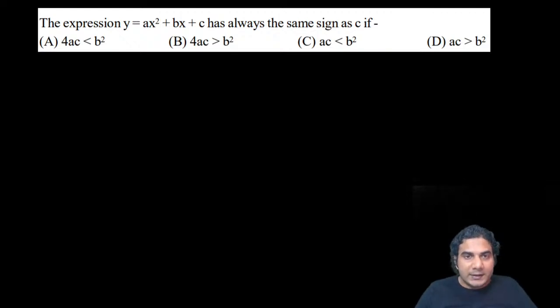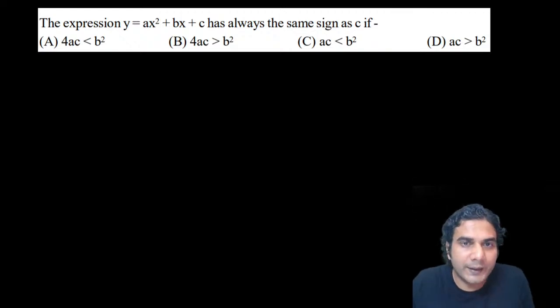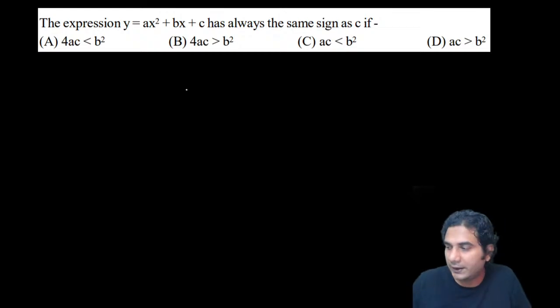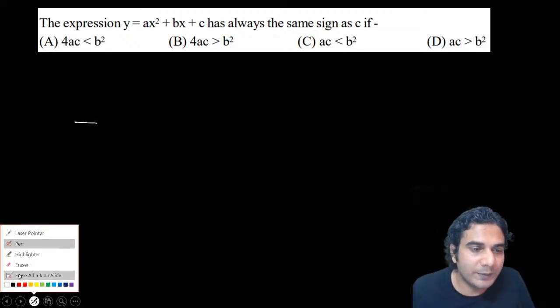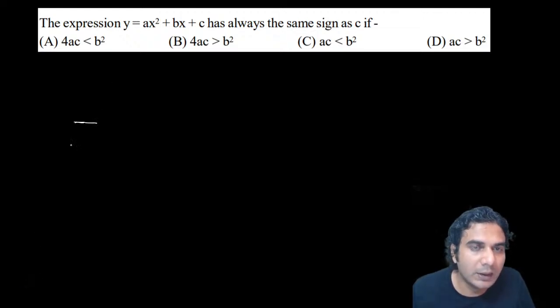You mean discriminant is less than 0. All right, let's check. The expression has always the same sign as C. That means he's saying if C is positive, then ax square. Expression means he's talking about only ax square plus bx plus c, not this equation. That is written wrongly. This should not be there. He's talking about only this expression.